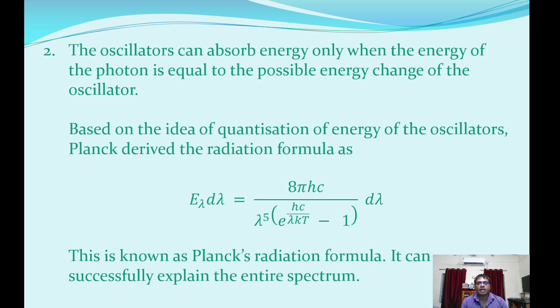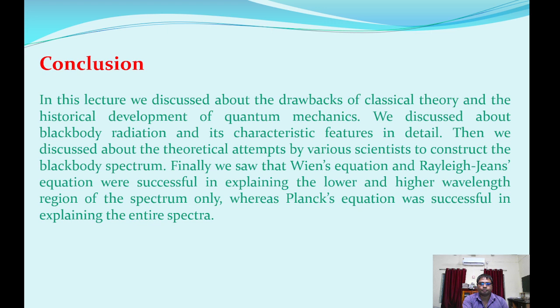Based on the idea of quantization of energy of the oscillators, Planck derived the radiation formula as E lambda d lambda equal to 8 pi hc divided by lambda to the power 5 into e to the power hc by lambda kT minus 1 into d lambda. This is known as Planck's radiation formula. It can successfully explain the entire spectrum.